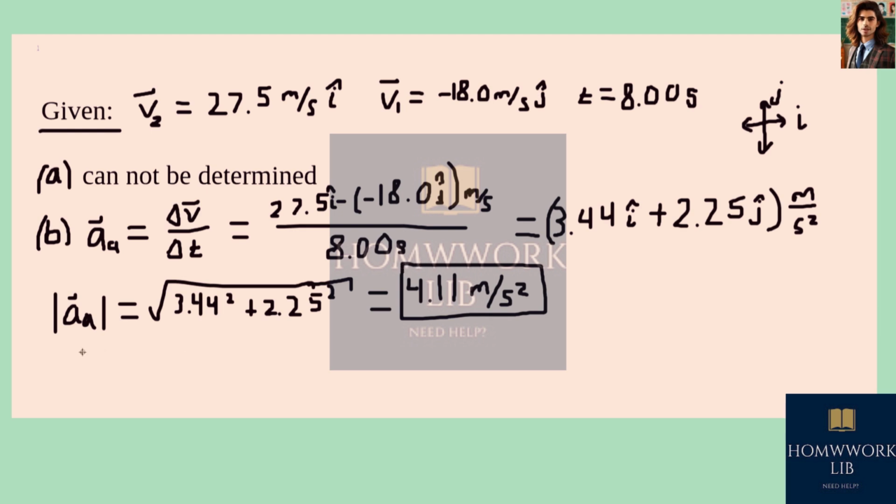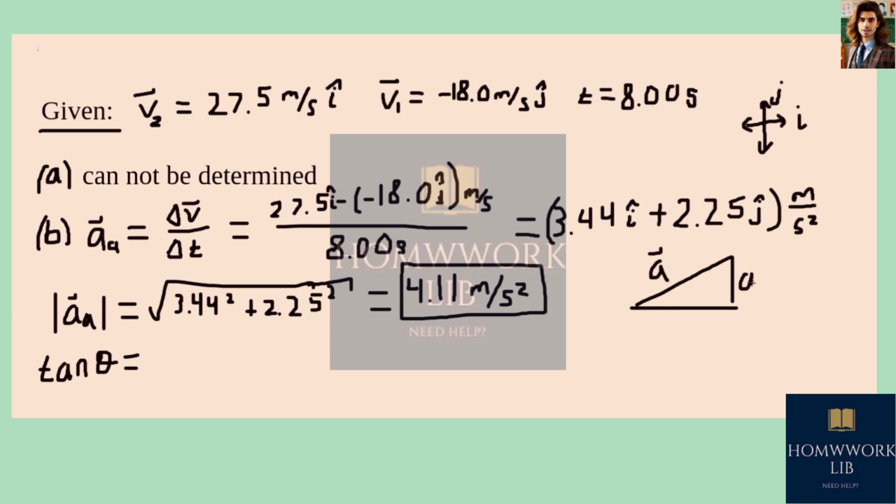In order to find this direction, we can use our trig identities, where tangent theta is equal to the opposite over the adjacent. Let me draw out the triangle I'm talking about here. This is the magnitude of A, which we just determined.